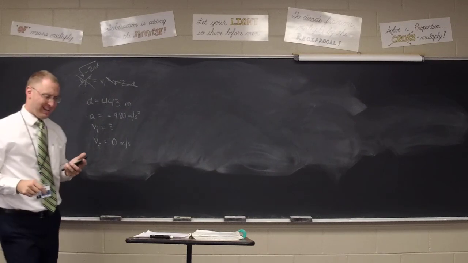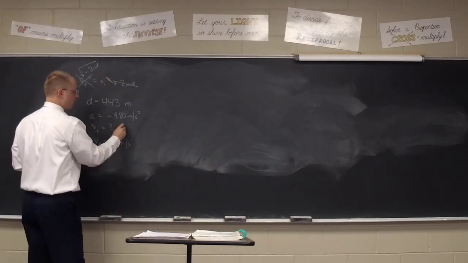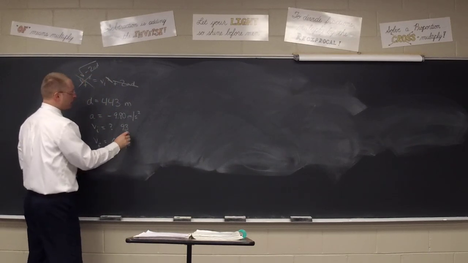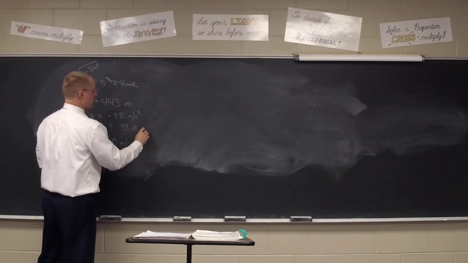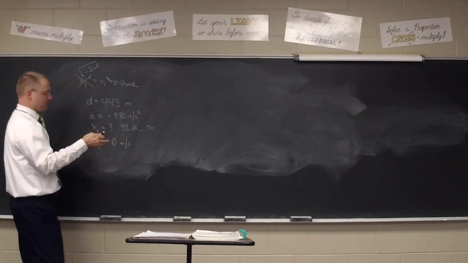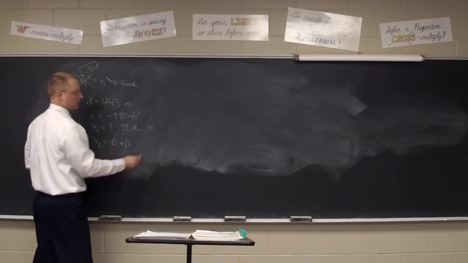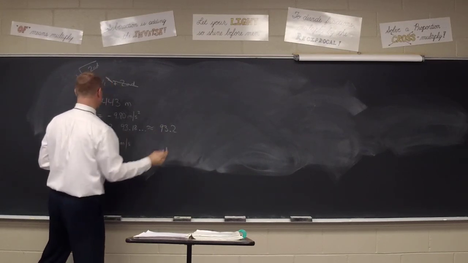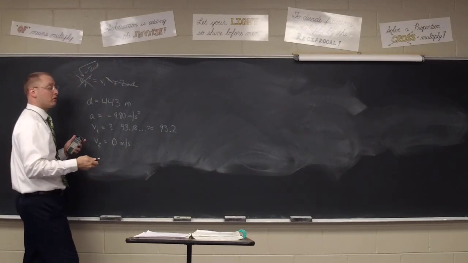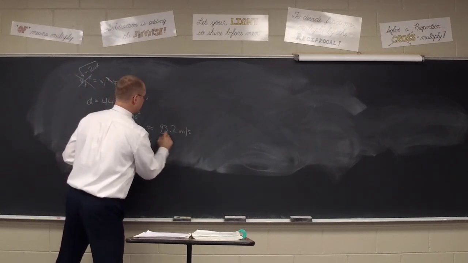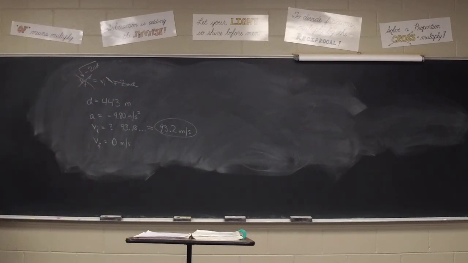I got 93.18. 65 didn't sound fast enough. 93.18 rounds off to 3 sig figs, 93.2 meters per second. It's got to leave the bow at 93.2 meters per second if it's going to get up that high, which again, I don't know if that's a feasible velocity or not. I should probably look into it, but I'm boring and lazy, so I don't.